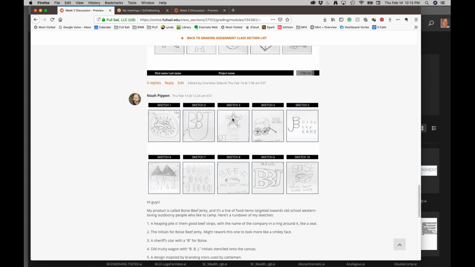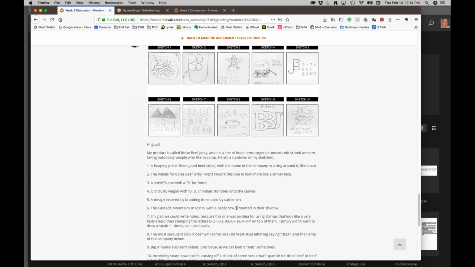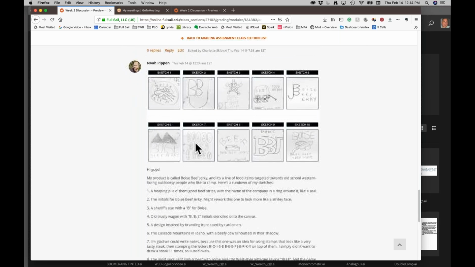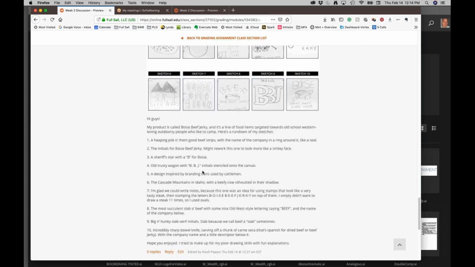The sheriff's star with a B, the chuck wagon. This one is sort of the 2 B's and a J together. This one looks like the mountains, number 6, Cascade Mountains with the beefy cow. Number 7, stamps.